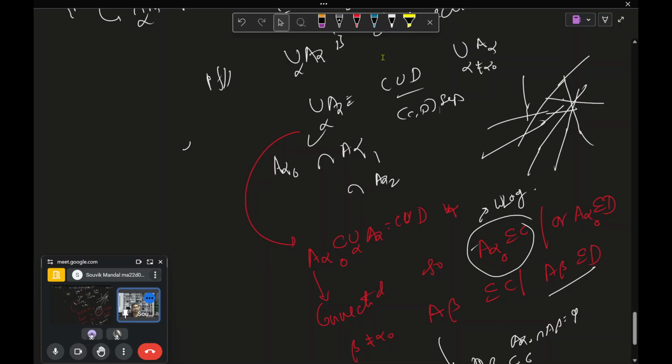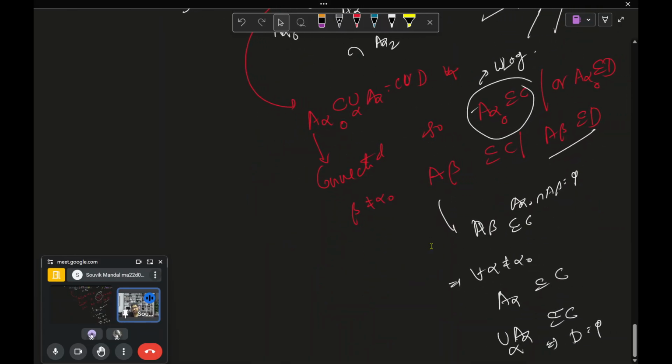So A alpha naught is a subset of the union of A alpha, which is C union D. Now A alpha naught is connected, so A alpha naught is a subset of C or A alpha naught is a subset of D. Now beta is not equal to alpha naught, so A beta has to be a subset of C or a subset of D. The point is that since the intersection of all A alphas is non-empty, if A beta lies entirely inside D, then the intersection with A alpha naught is empty, but that contradicts the hypothesis of the statement.